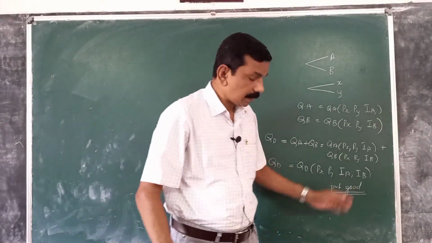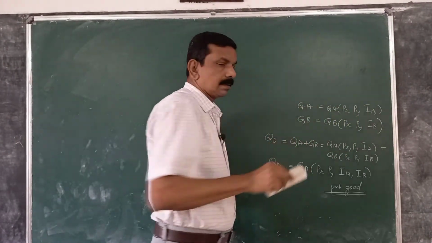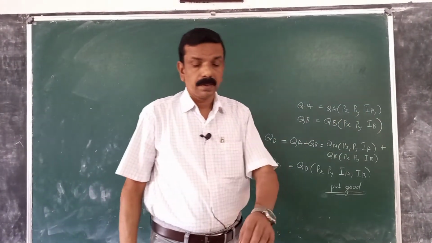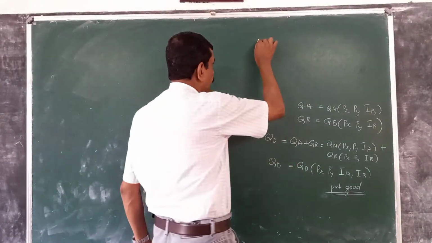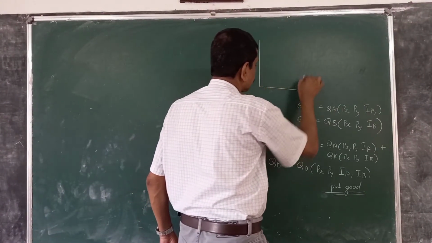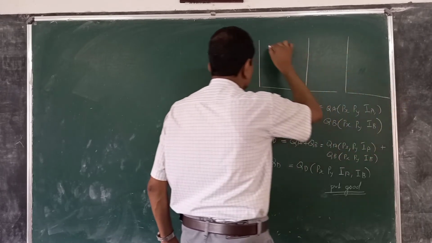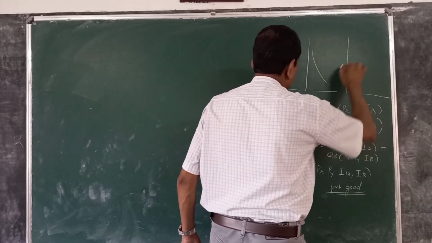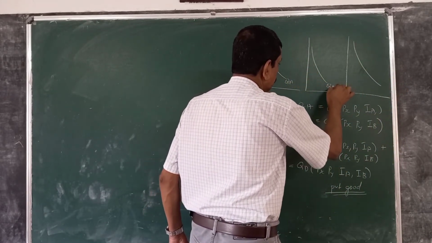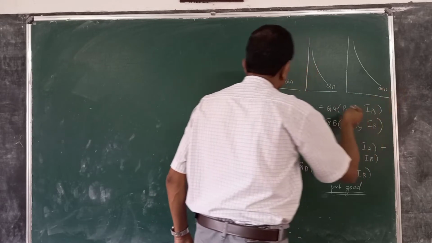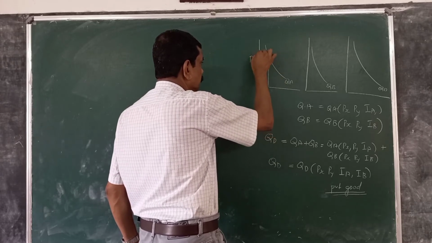So, horizontal summation of quantities demanded by A and B will give you the market demand in the form of a graph. This can be like this: quantity demanded QA, QB and QD. Suppose that the price of X is Px star.